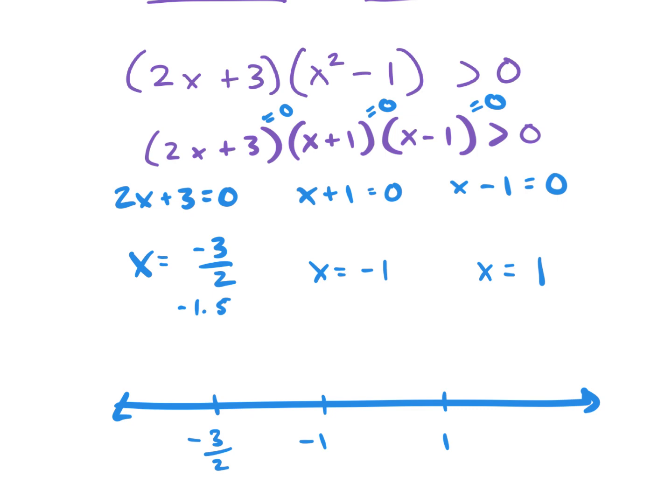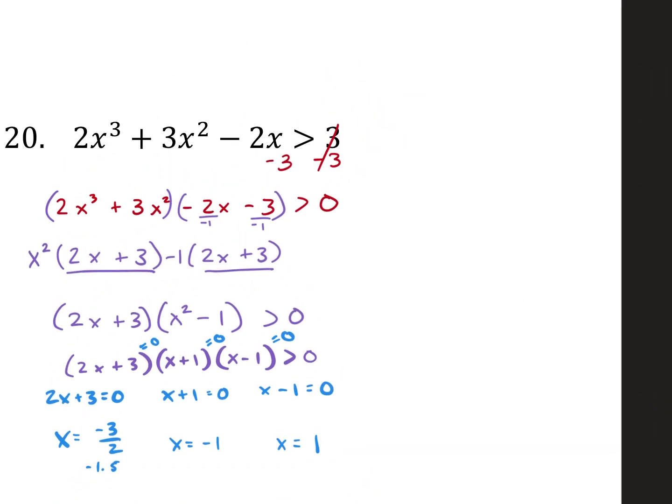So let's plug in something smaller than negative 3 over 2. What's smaller than negative 3 over 2? Negative 2. So let's plug in negative 2. We have 2 times negative 2 cubed plus 3 times negative 2 minus 2 times negative 2 is greater than 3.